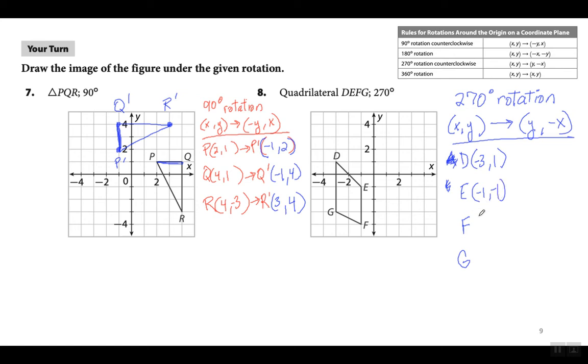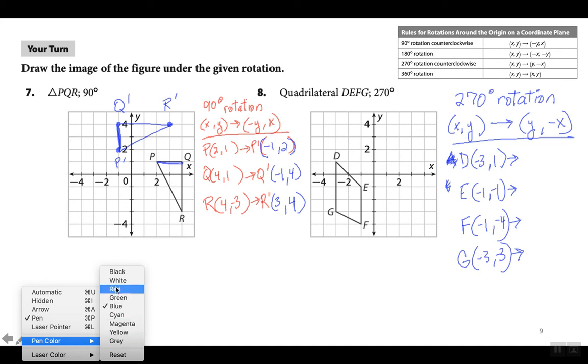F is located at (-1, -4). And G is at (-3, -3). Now let me put the arrow, and let me try a different color here to make it easier to see.